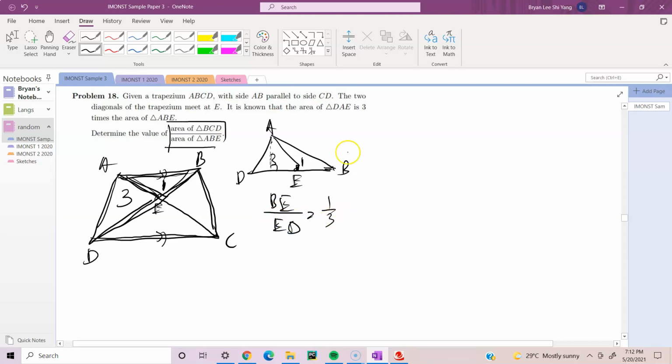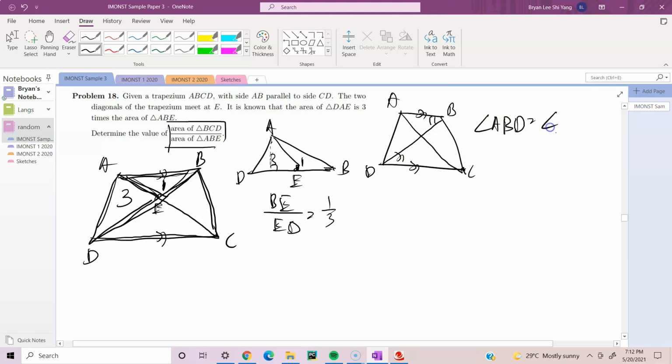Now, I need to talk a bit about the characteristics of a trapezium, so bear with me for a little bit. We know that these two lines are parallel, meaning they never intersect each other. And from these two parallel lines, we would get these two angles to be the same. So angle ABD equals angle BDC, right?